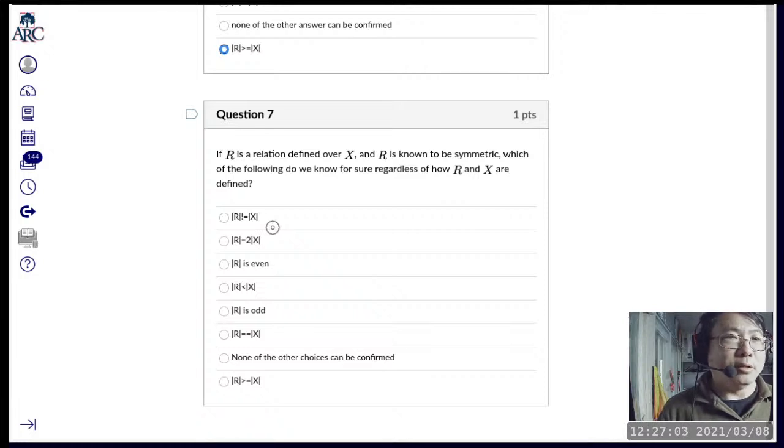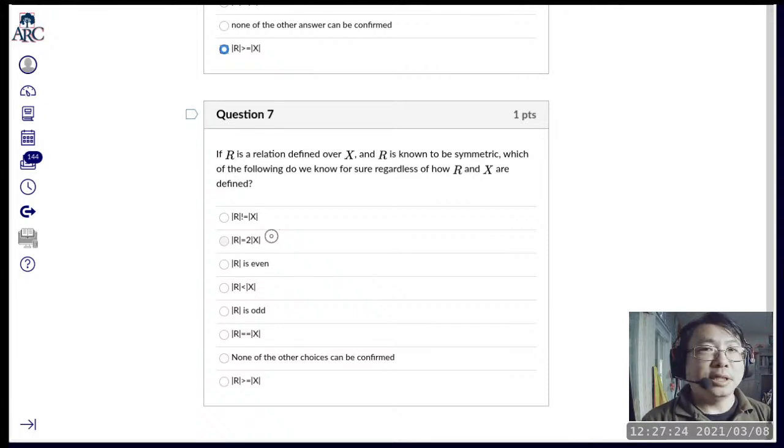So |X|² ≥ |R| is always true, regardless of any relation, regardless of any property that we have claimed that we know about the relation. So if I put an option like that here, you just check that one, because that one is true regardless of what R is. Okay, second option.